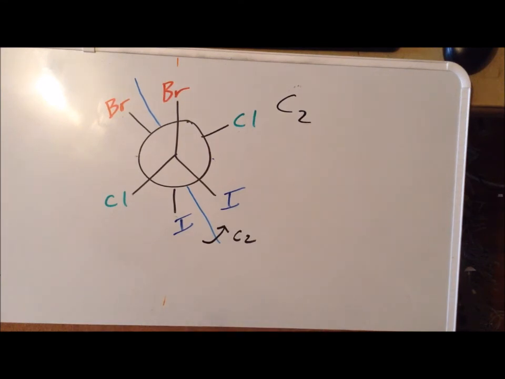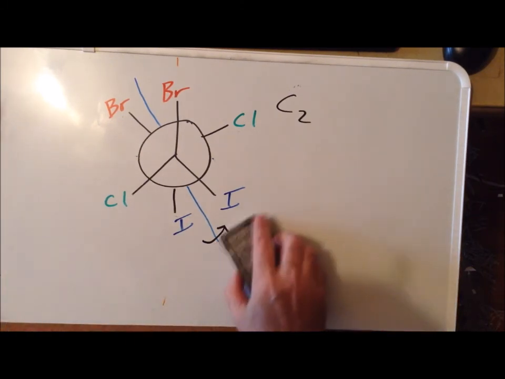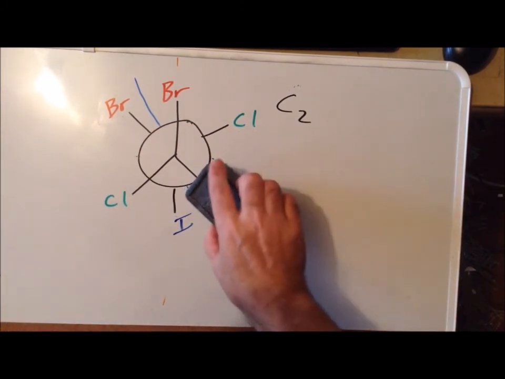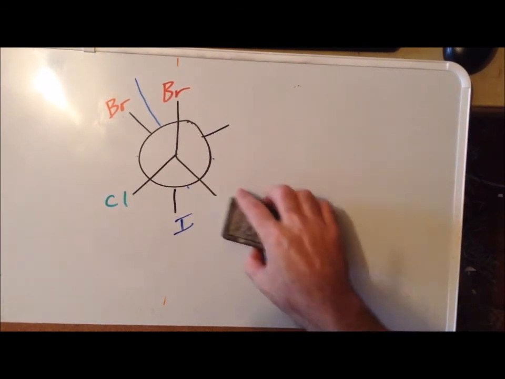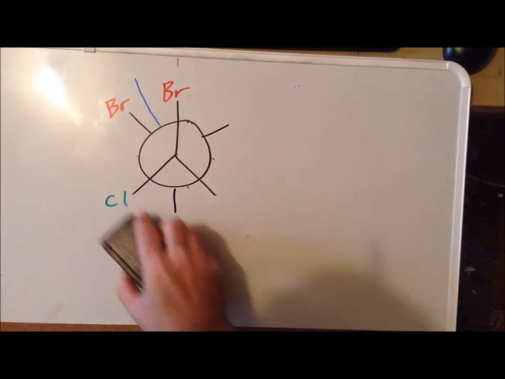Let's try just one more substitution pattern of a substituted ethane, and see if we can assign its point group symmetry.